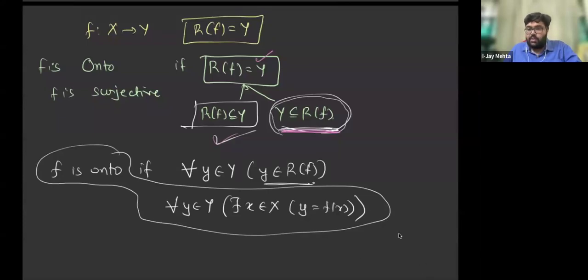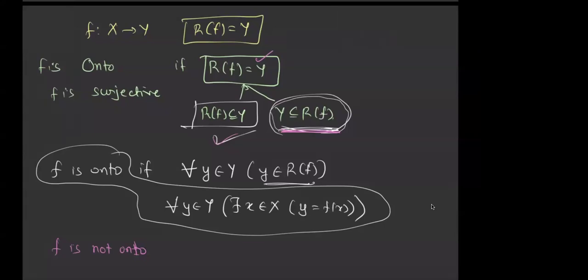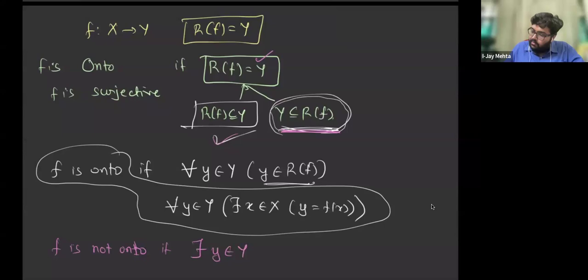Now, what does it mean to say f is not onto? In terms of quantifiers we want, Anwar? There exists y belonging to y such that for all x belonging to x, f of x is not equal to y.